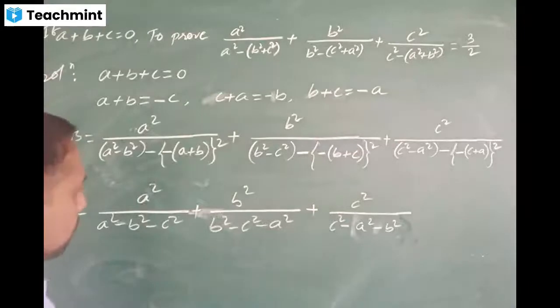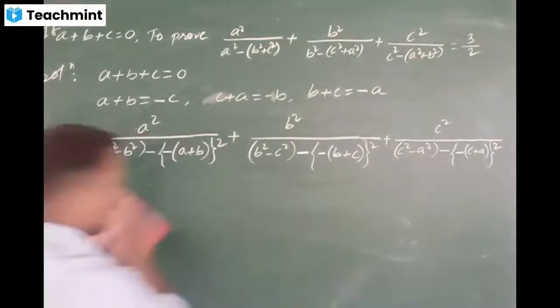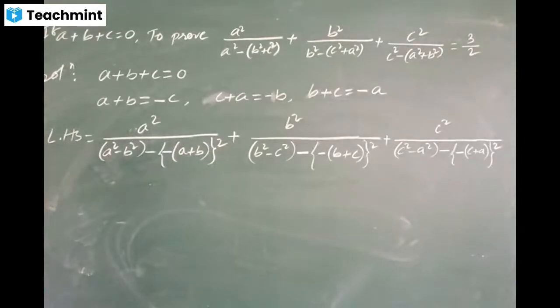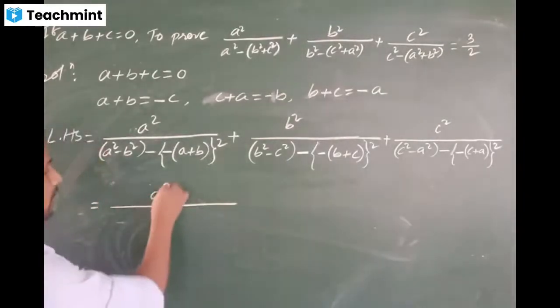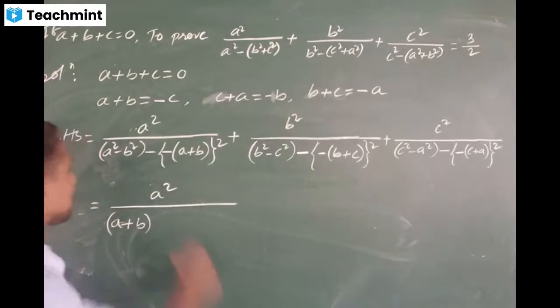Okay, then the next step. This is a square, a plus b, okay, a plus b and a minus b.